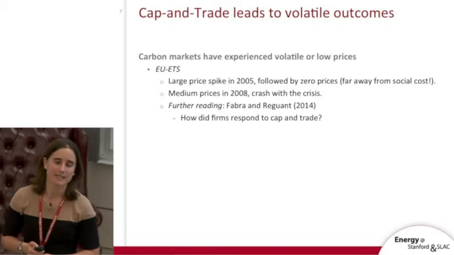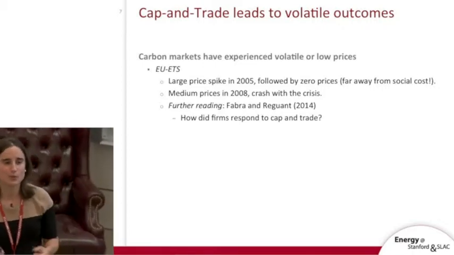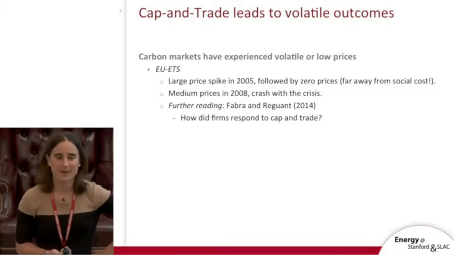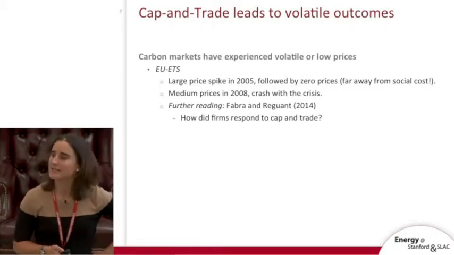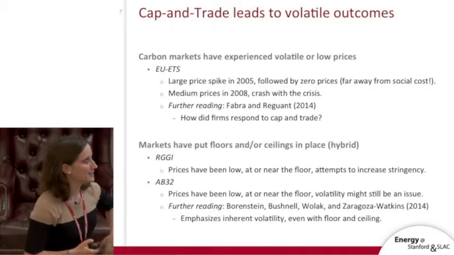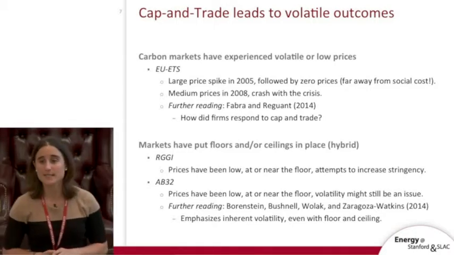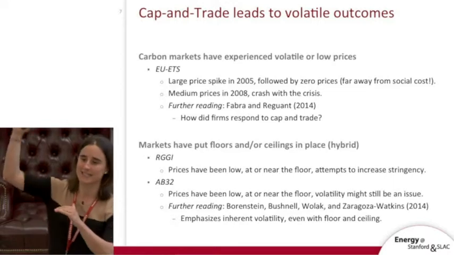What about other markets? So after the, if you wish, scandal of the EU ETS program, these zero prices were not very popular in the climate community. What many cap-and-trade programs did is to put a floor and a ceiling.